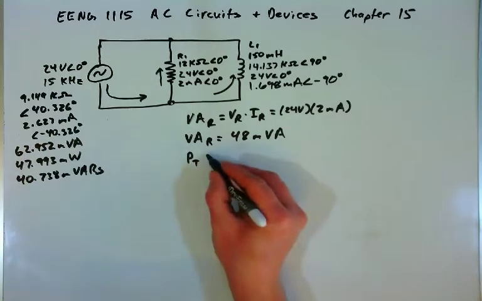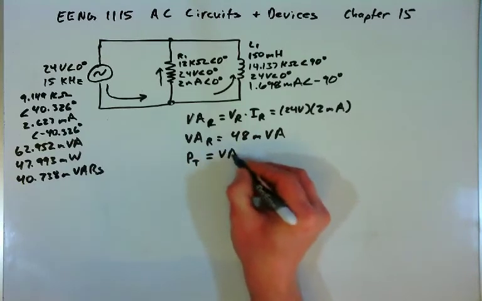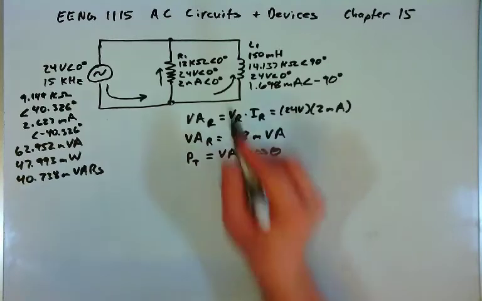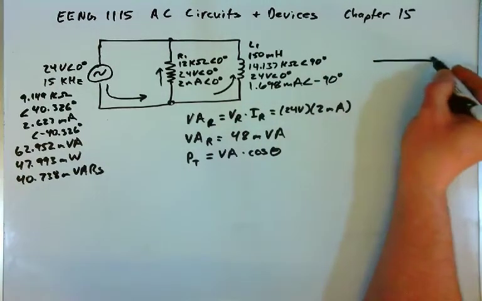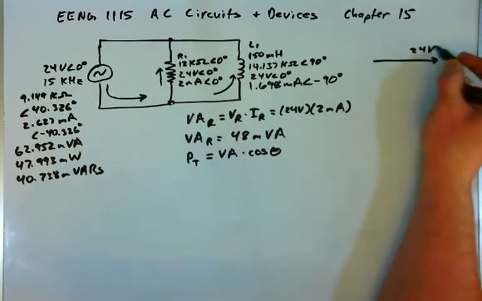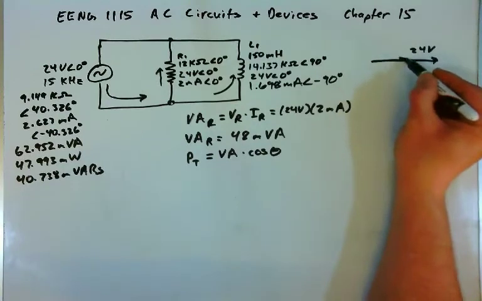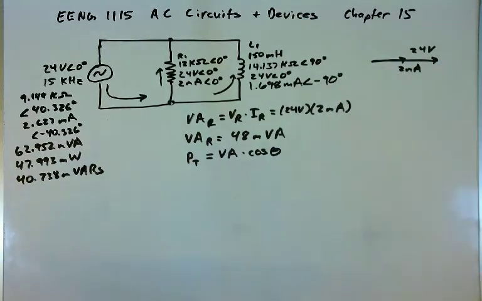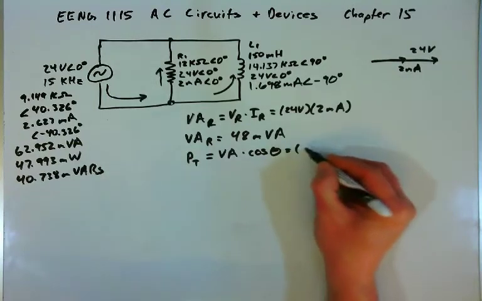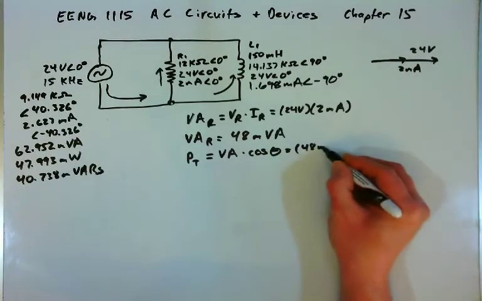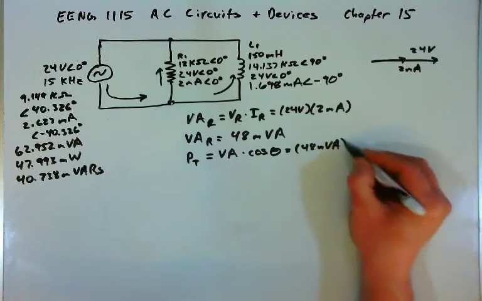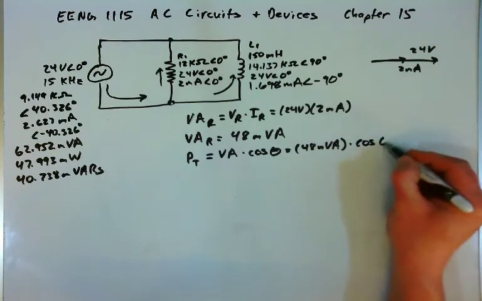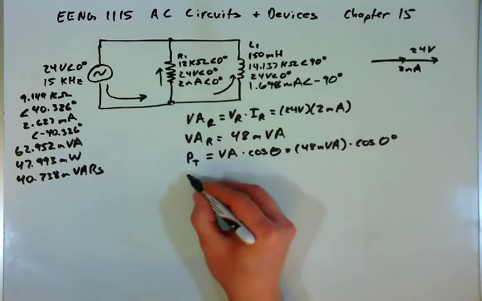Now, to find the true power of the resistor, we will take the volt amps and multiply by the cosine of the angle between the voltage and the current. Here they're in phase. We have 24 volts at 0 degrees, and 2 milliamps at 0 degrees, and the angle between them is 0. And so we will take the volt amps, 48 millivolt amps, and multiply by the cosine of 0 degrees.